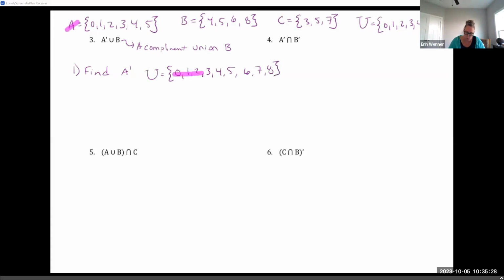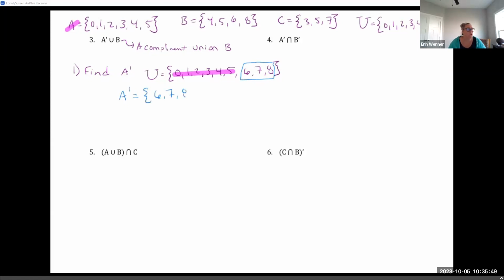So that means what's left that's not highlighted is going to be the complement. What's left here are the numbers 6, 7, and 8, because those are not in A. Therefore, A complement is 6, 7, 8.